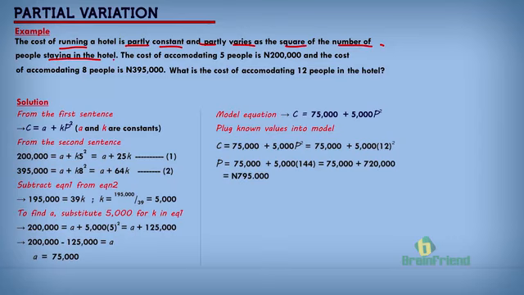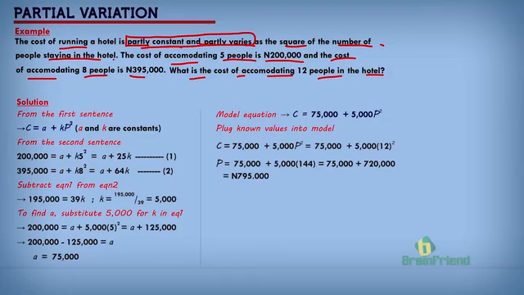The cost of accommodating 5 people is 200,000 naira, and the cost of accommodating 8 people is 395,000 naira. What therefore is the cost of accommodating 12 people in this hotel? So quickly, the words partly constant, partly varies, tell us that it's a partial variation.